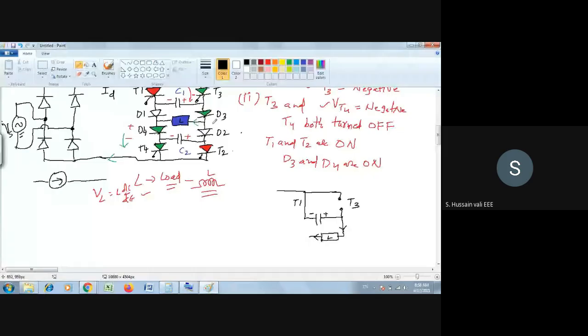Then after that, what do you find out now? I will write here D3, D4. See, the inductor L which is present in the load here will force whichever switches are there before and after it to conduct.